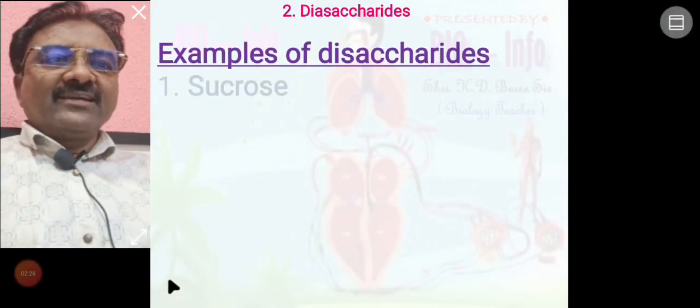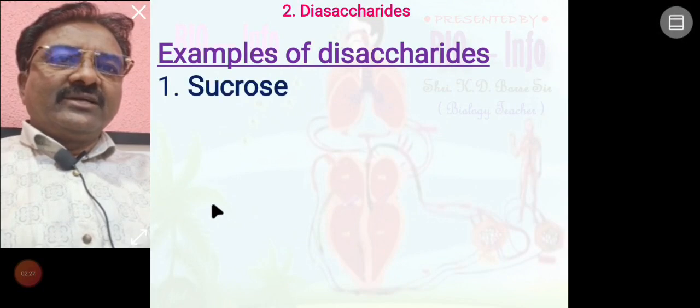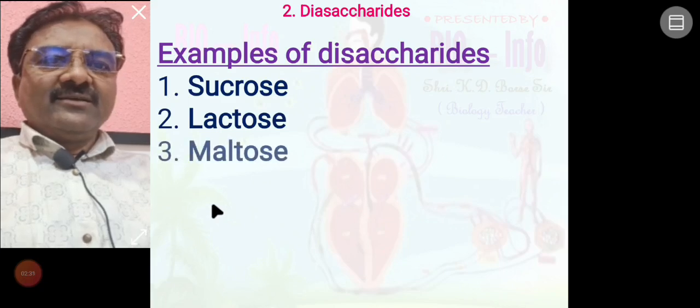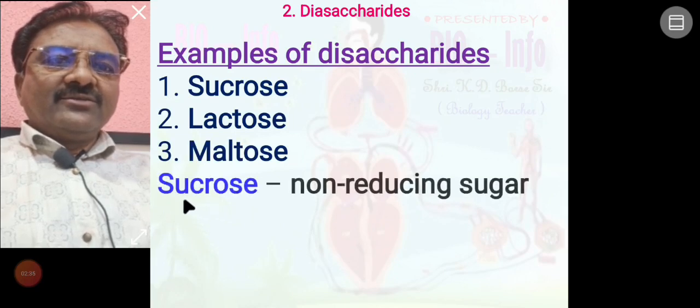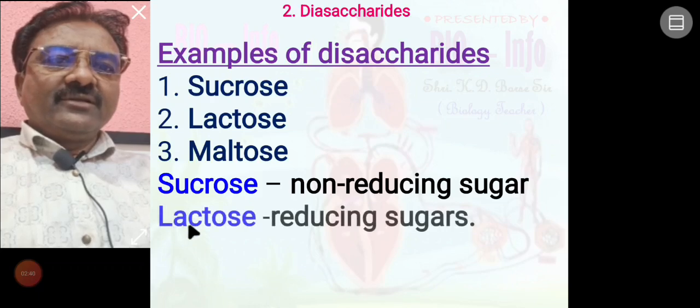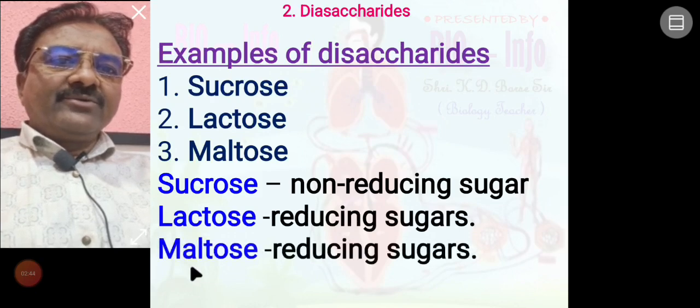Examples of disaccharides: sucrose is a disaccharide, lactose is also a disaccharide, maltose is also a disaccharide. Sucrose is a non-reducing sugar, lactose is a reducing sugar, and maltose is also a reducing sugar.